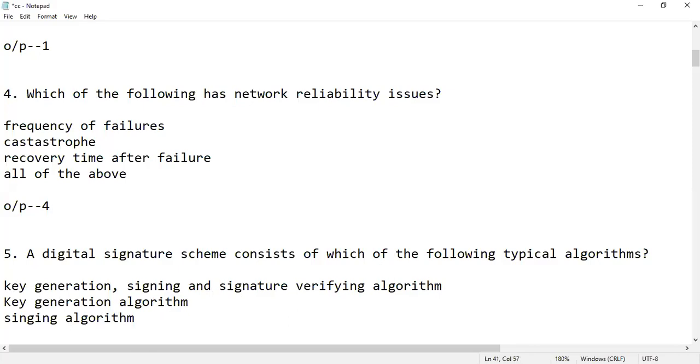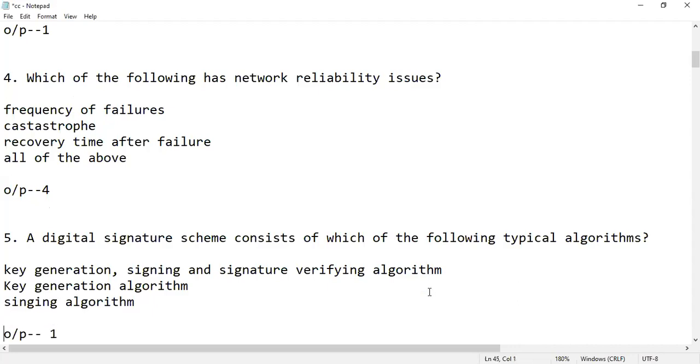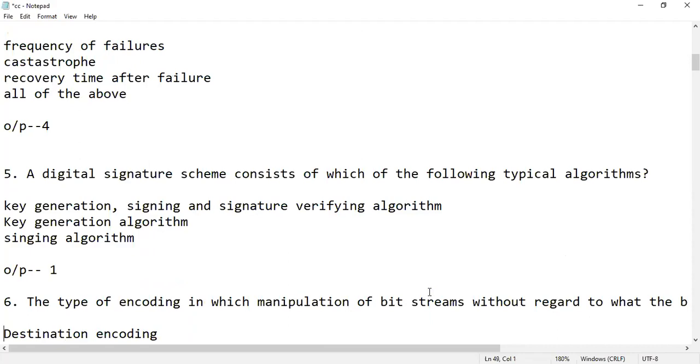The answer will be one: the key generation, signing, and signature verifying algorithms make up a digital signature scheme.